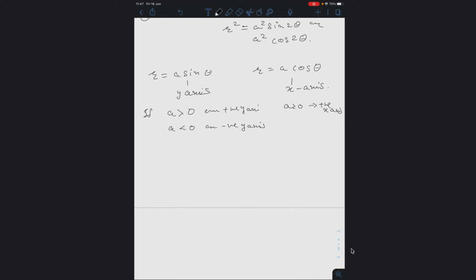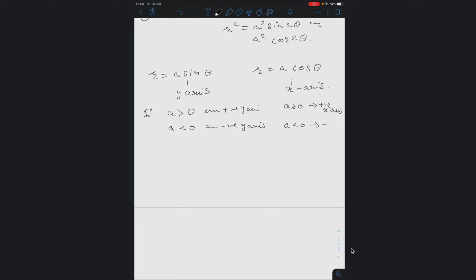But right now you don't have it, so I'm not going much into depth. I'm just giving an overview of how a curve looks, so that you can imagine and draw that simple curve by yourself, without going much into the theory. Similarly, if a is negative, the curve will be on the negative x-axis.